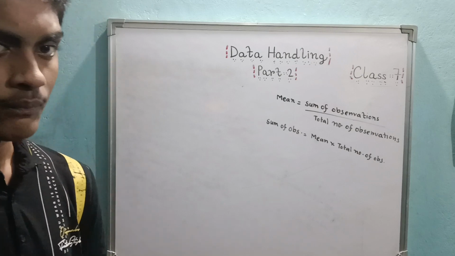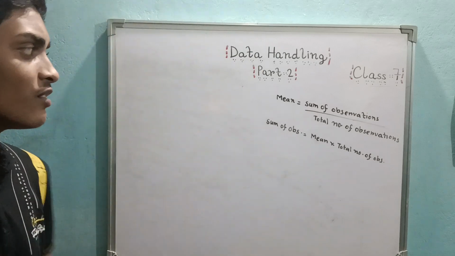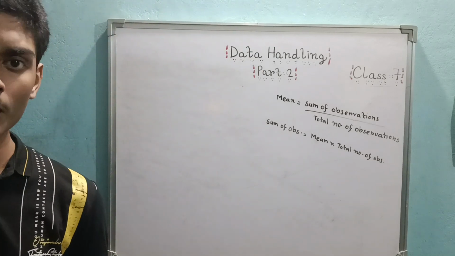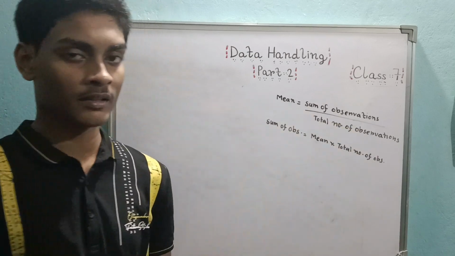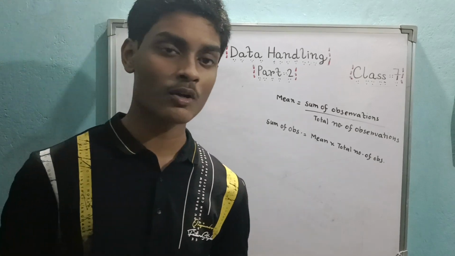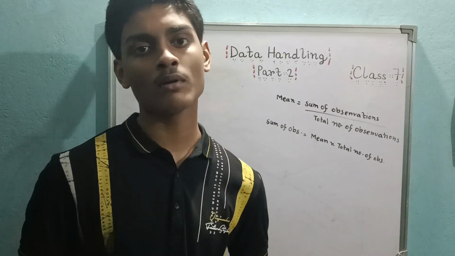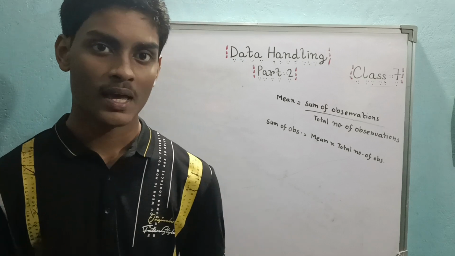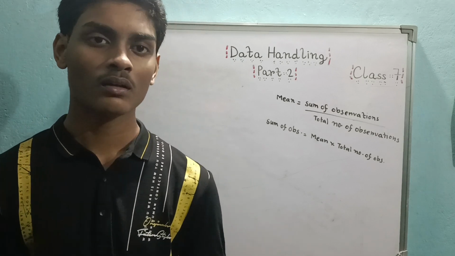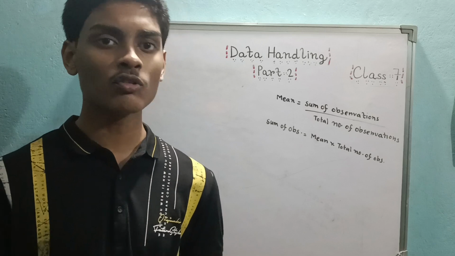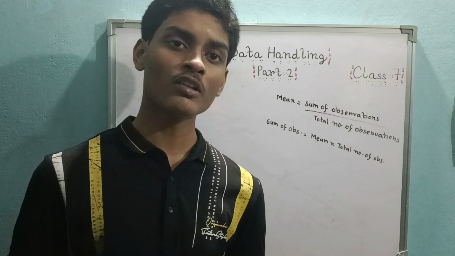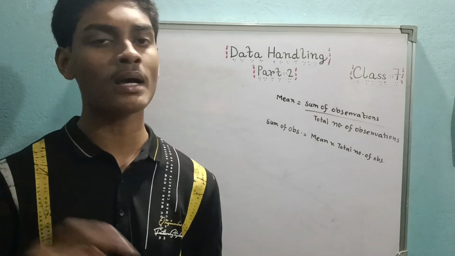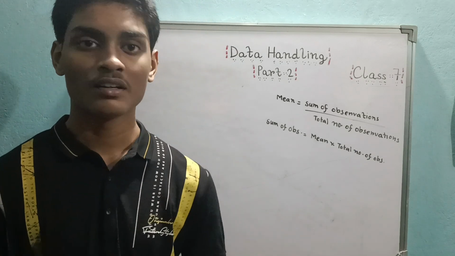So for today, if you found the initial concepts of mean, which is that mean, average, equals the sum of the numbers divided by the total number of observations, that is it. And the conversion formula you can see, cross multiplication, you have done that. Another property of mean: if for a certain number of observations we have a certain mean, and we do a mathematical operation on each of the initial observations, then the original mean will also be operated by the same mathematical operation to get the resultant mean.